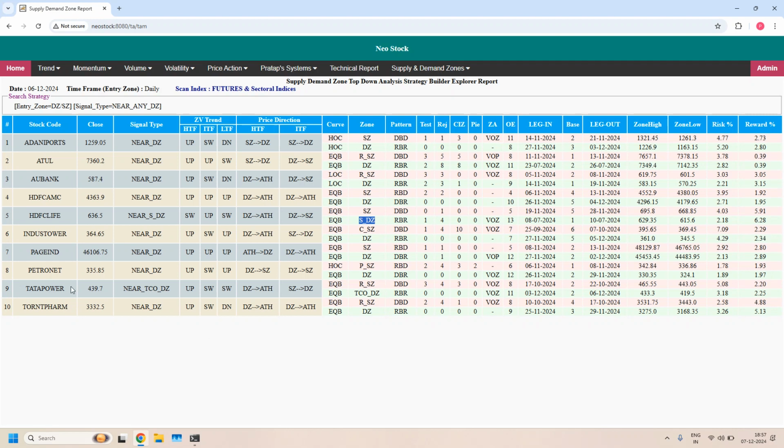At present, this is a high liquidity HLQ zone. Even though TCO is a low priority high liquidity zone, at present it is acting as a high liquidity zone. Why? Because this TCO zone was created recently, on Friday only. And moreover, it is near to the zone.